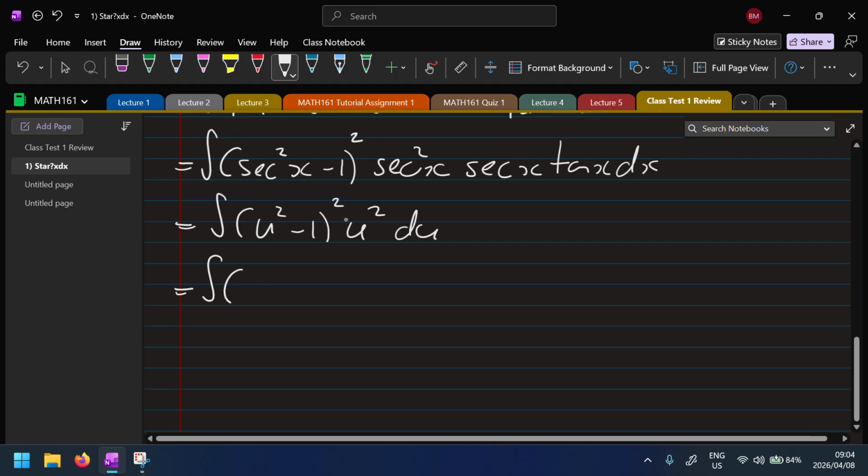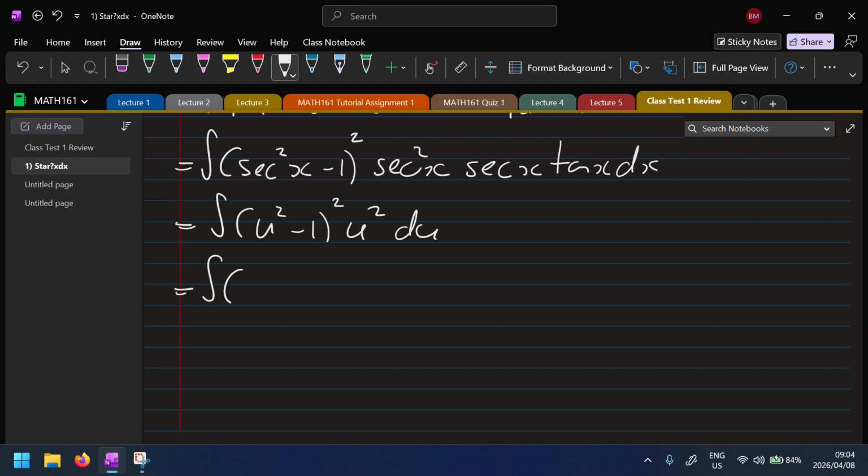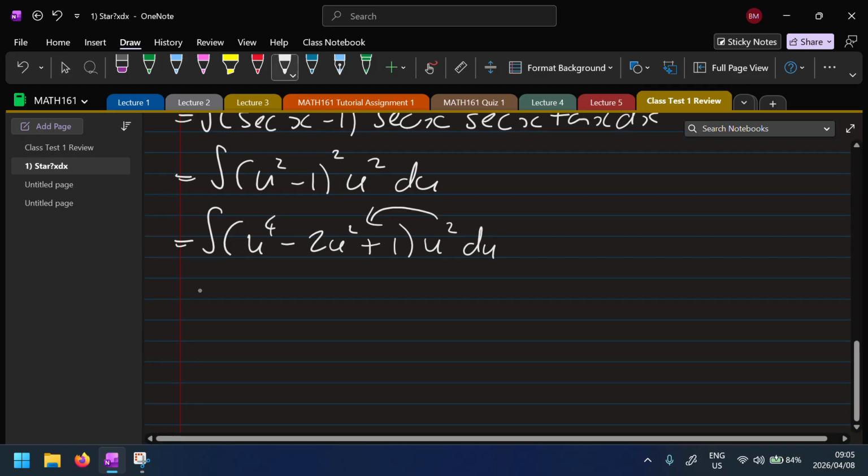So this was the integral u squared minus 1 squared again. So u to the 4 minus 2u squared plus 1. A few of you forgot to put the u squared back inside the brackets. So you got the brackets right, but then you didn't times the u squared. So you lost your integration mark there. Okay, just be careful with that.